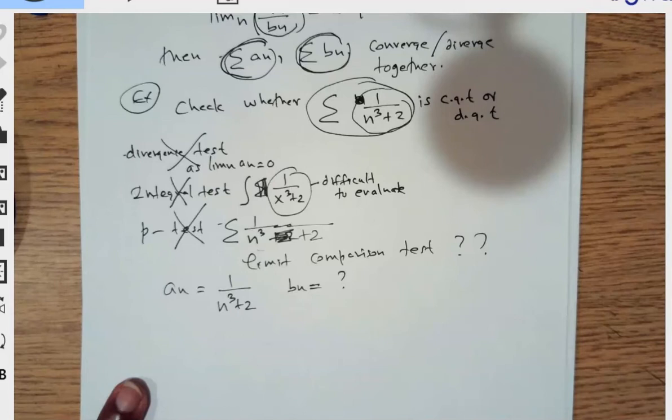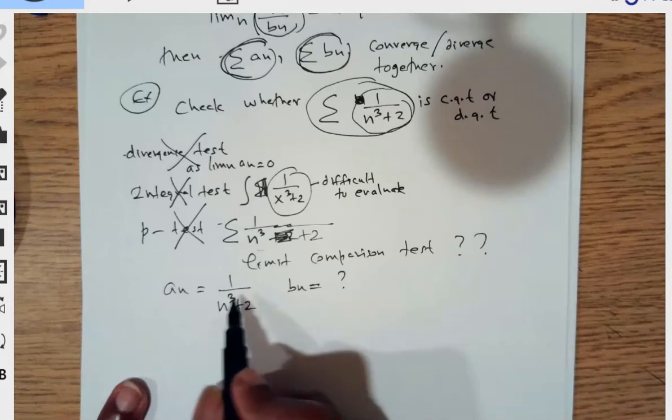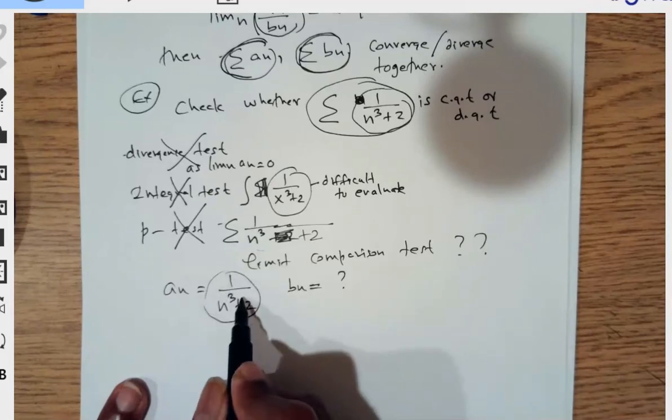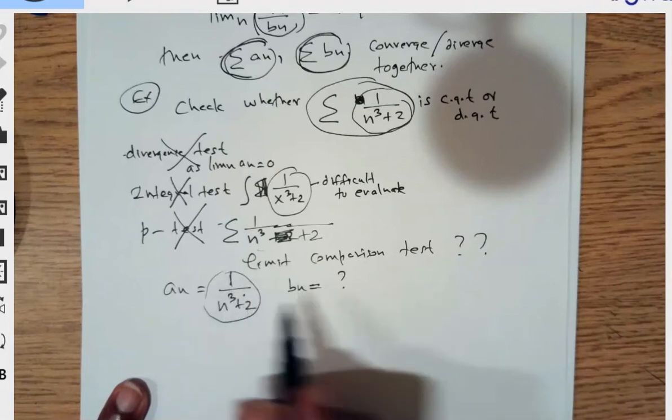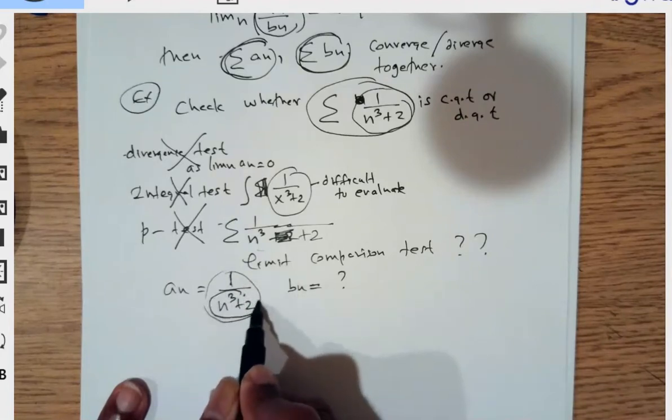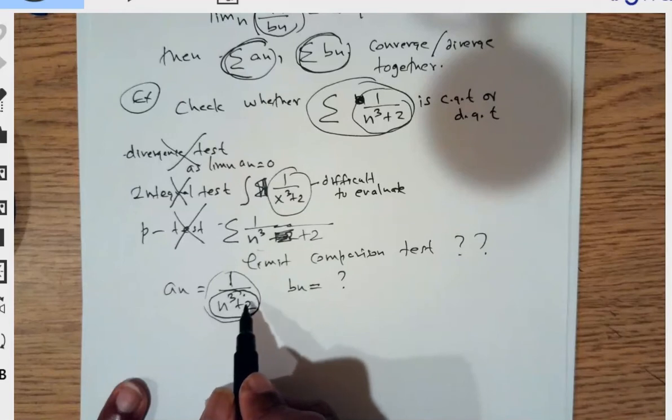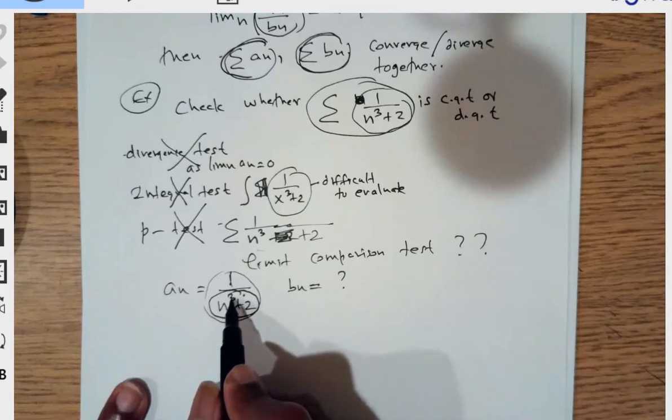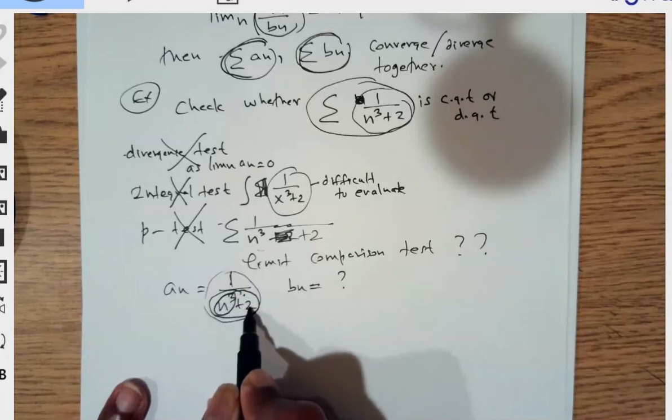What I usually do is I look at this series. The top is 1, so the top is kind of harmless, but if you look at the bottom, as n becomes large, it's dominated by the n cubed term because the 2 is only a constant.